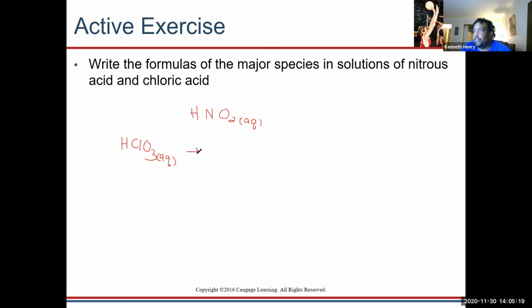Okay, so then the major species are going to be the H plus (aq), or you'll often see it written just H plus, because you'll see them both ways on the exam, because I get lazy sometimes. Plus ClO3 minus. Okay. Simple.